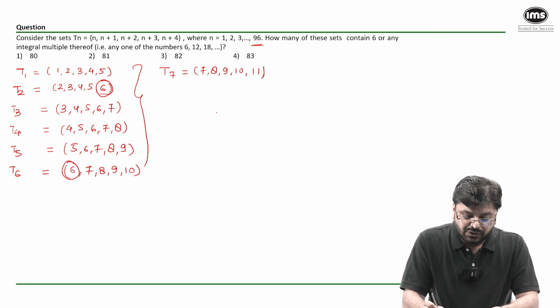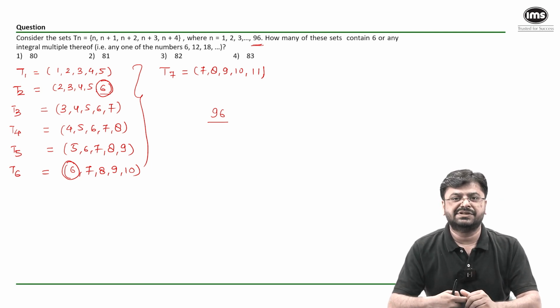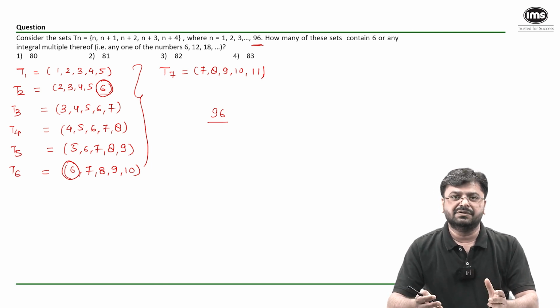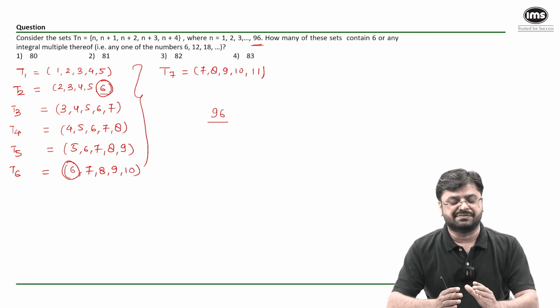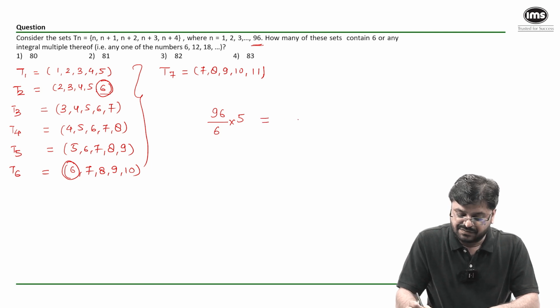So out of 96, if we make groups of 6, we can create 16 groups, and in every group there are 5 sets which contain a multiple of 6. So basically it will be 16 times 5, which is equal to 80.